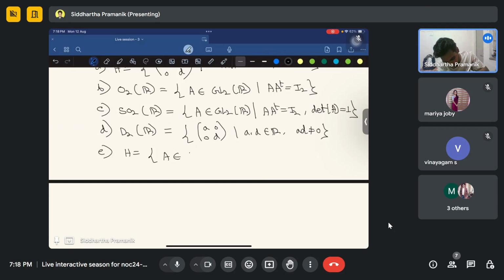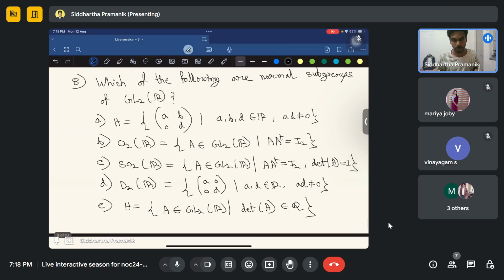A belongs to GL2R such that determinant of A is a rational number. Okay, so can you check one by one which of these sets are normal subgroups? Just think for a few moments.